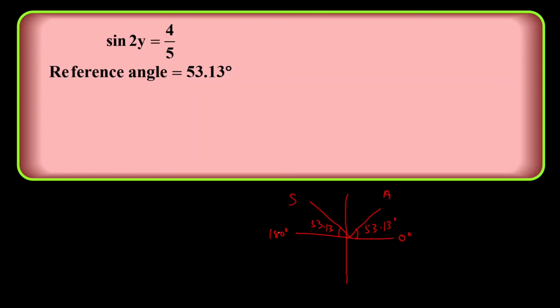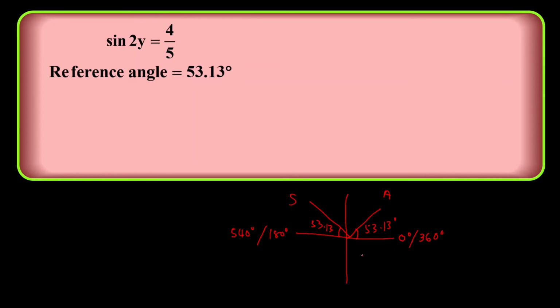But just now we check the range, we check the position, and we want another round because this is 2y. So I will need a second round, which is 360 degrees here, and I need another one here, which is 540 degrees.